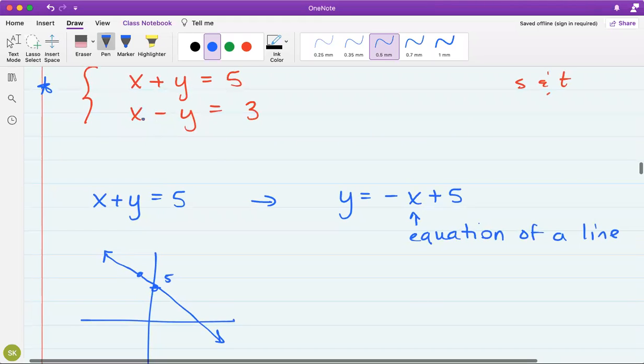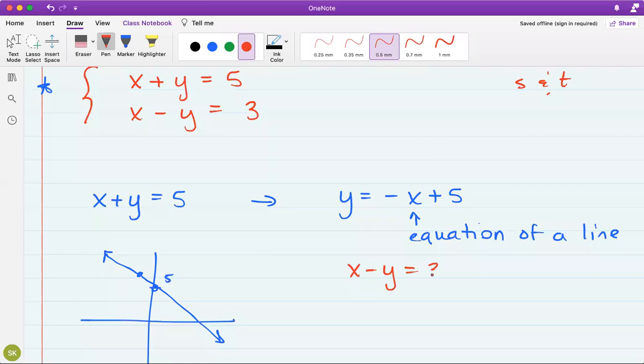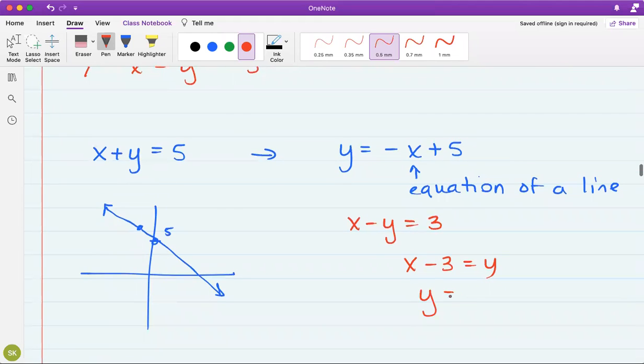Now the other equation, x minus y is equal to 3, is also a line. So if we move the y over, we get x minus 3 is equal to y. If we move that 3 over, flip it, you get y is equal to x minus 3. So this is an equation of a line. It goes through 3, so somewhere around here, and the slope is 1.